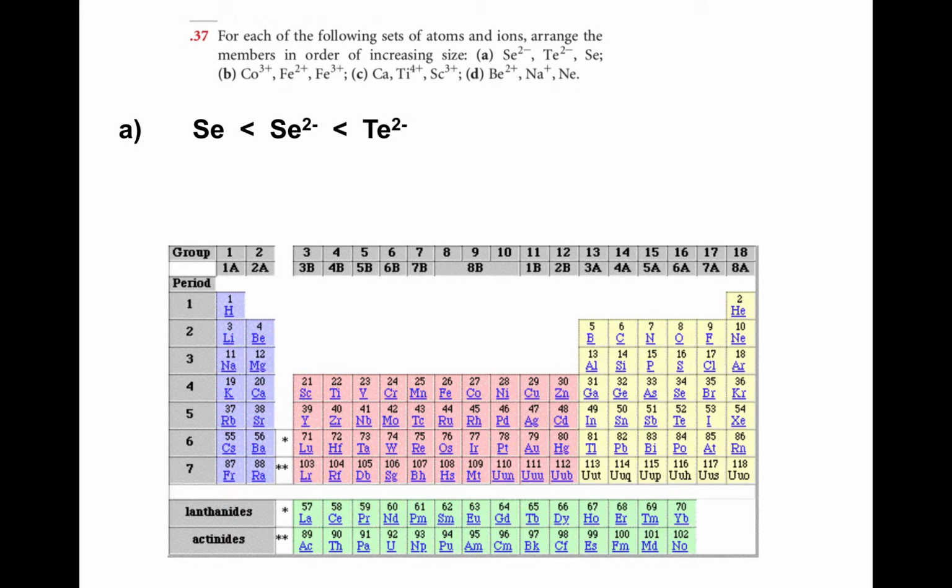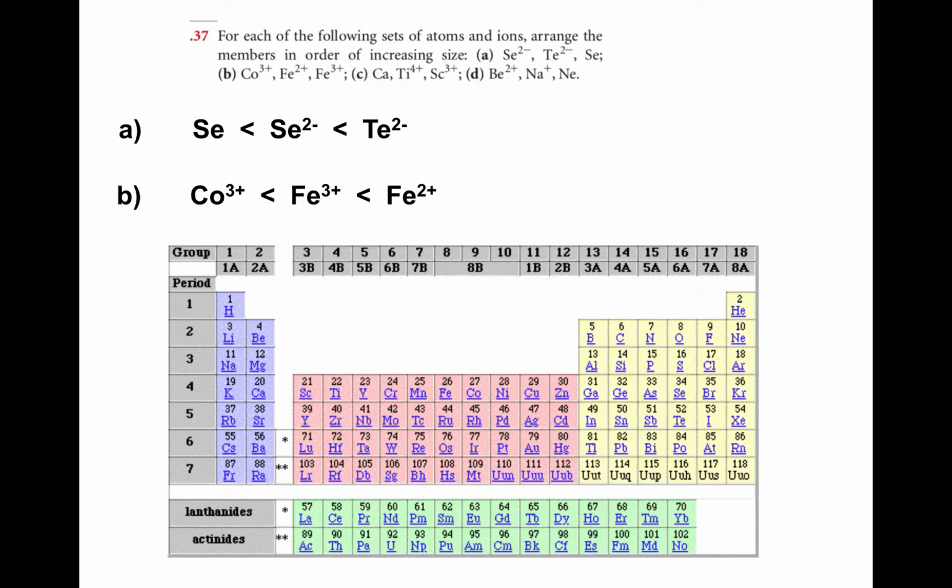So tellurium 2 minus has a xenon configuration. Selenium 2 minus has a krypton configuration. Both of those are bigger than selenium. Cobalt 3 plus would be smaller than iron 3 plus because it has more protons pulling in the nucleus, and both of those would be smaller than iron 2 plus.